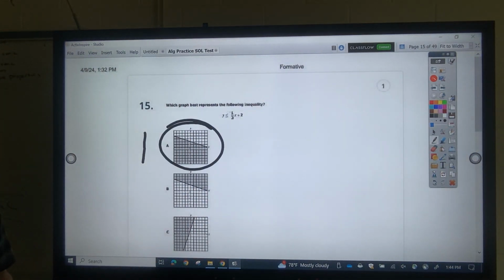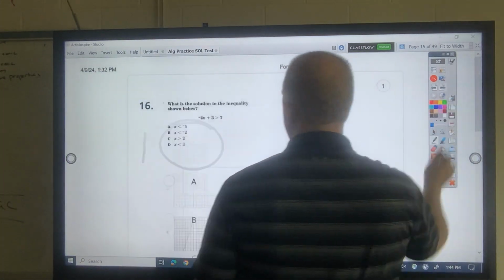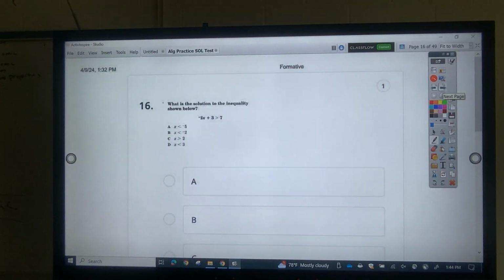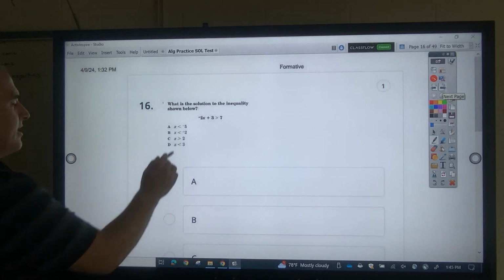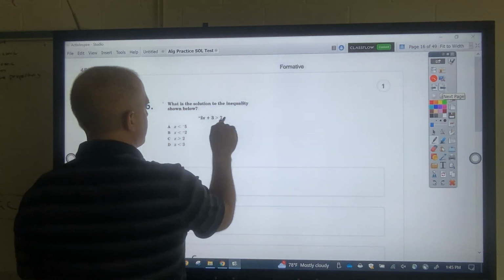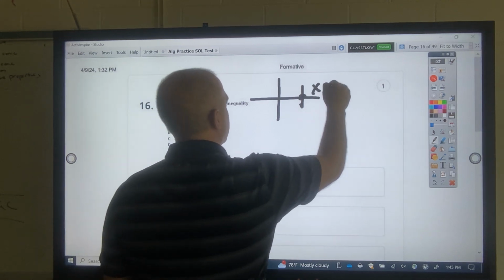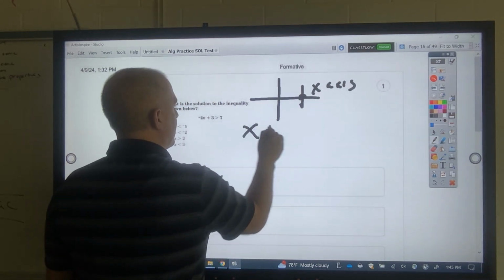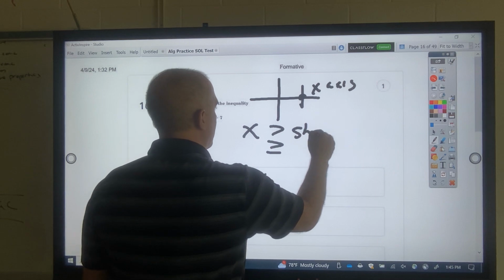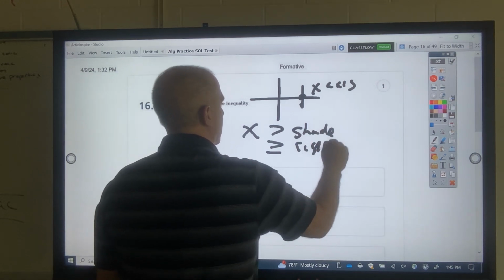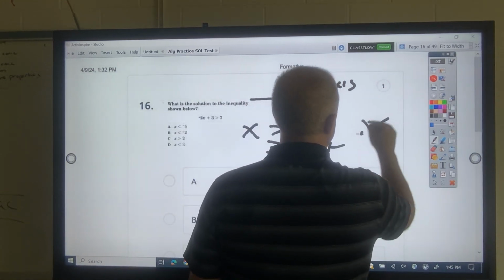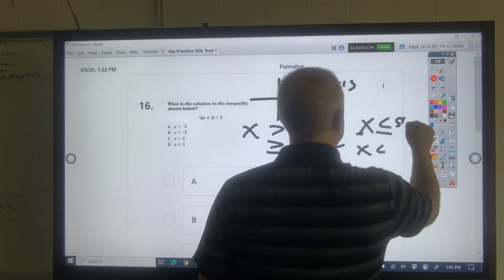Okay, next one is 16. The inequalities. Okay, so what we're looking for in the inequalities, when it's one line, is where it crosses the x-axis. Nothing different there. If it's shaded right, x is greater than or equal to; x is less than or equal to, or x is less than, if it's shaded left.